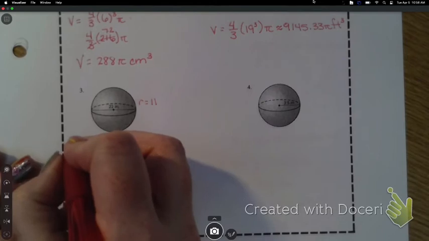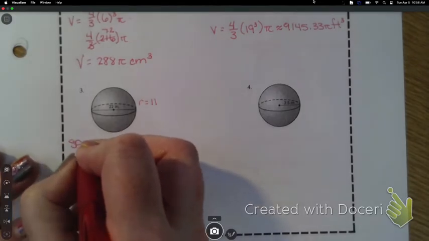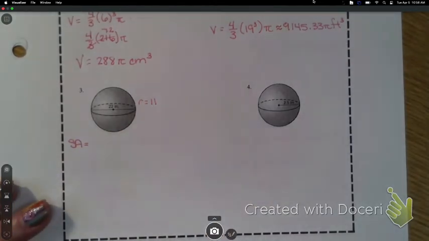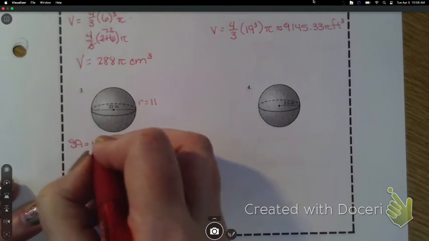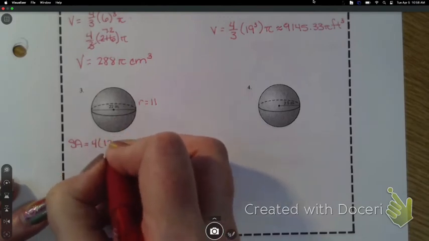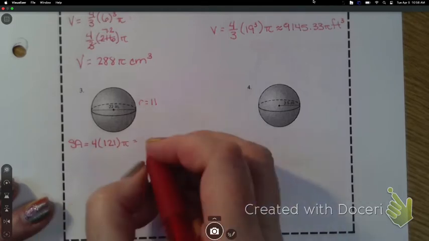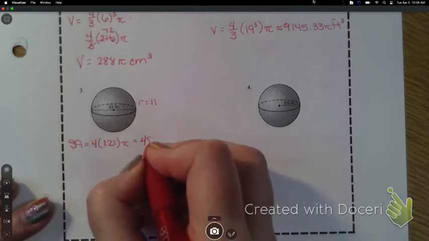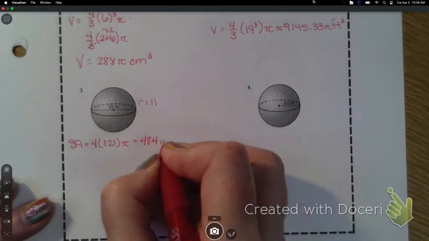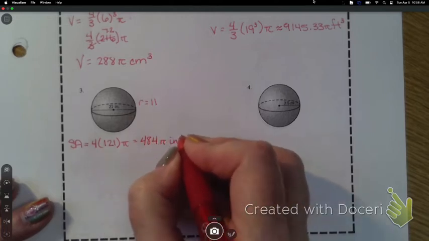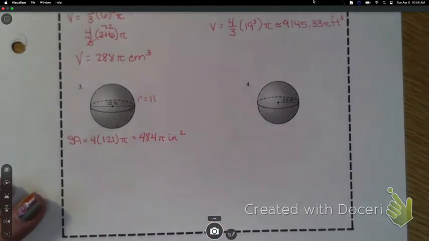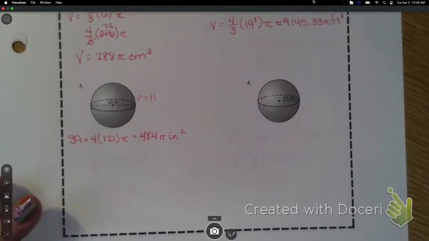So then surface area is 4 times 121 pi. So that's 484 pi inches squared. We're going kind of fast, but is this just plug it in and do the math?